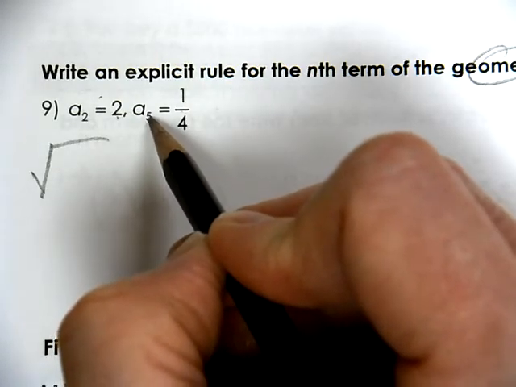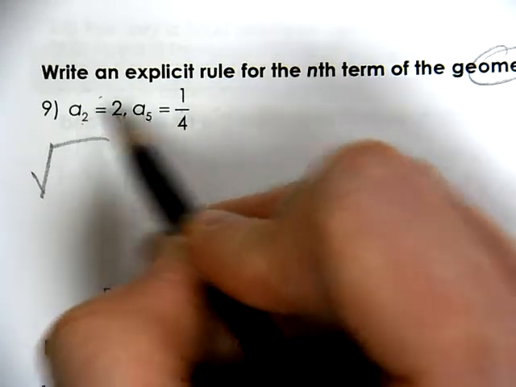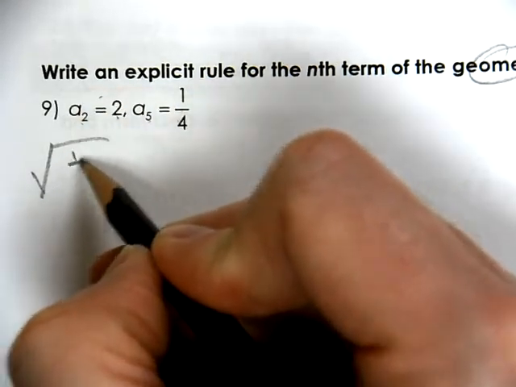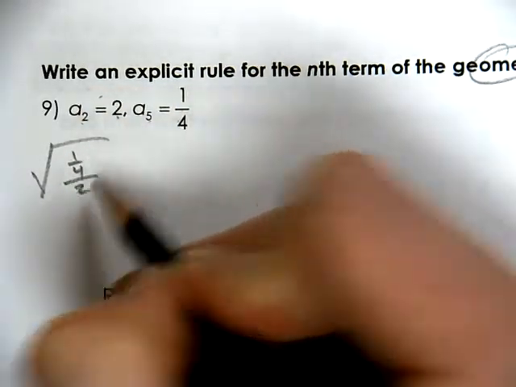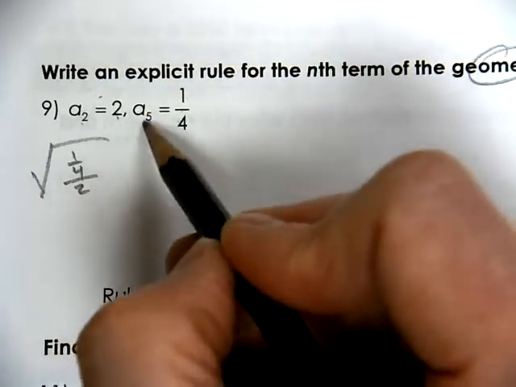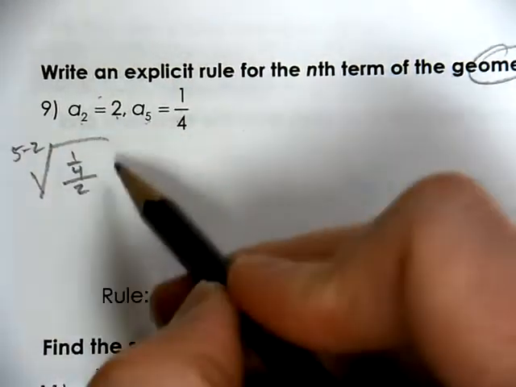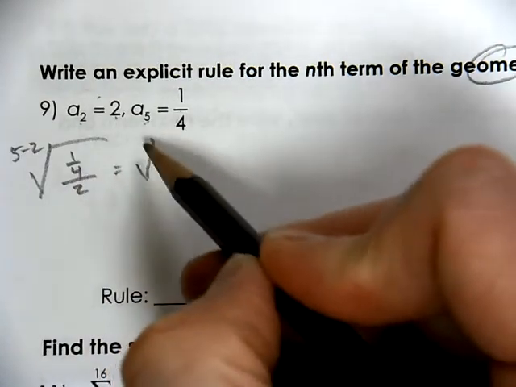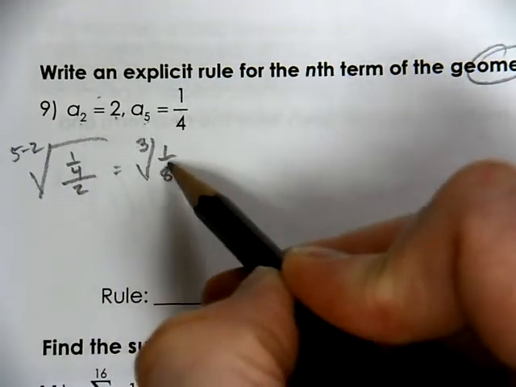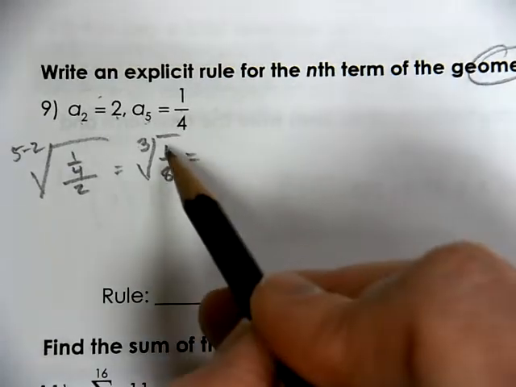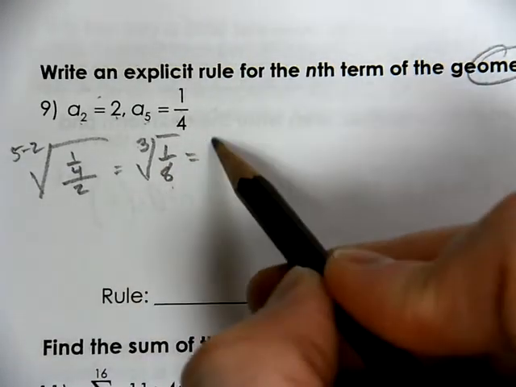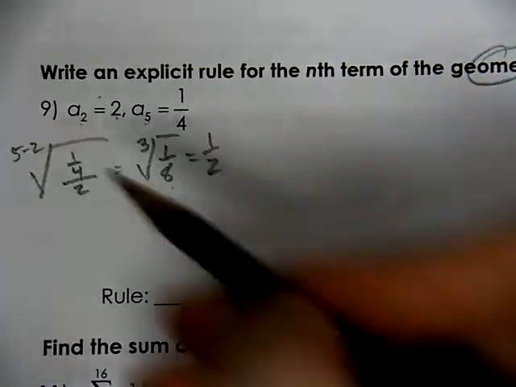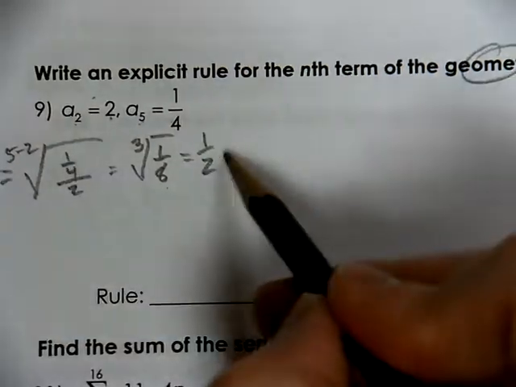Let's see, because this is a larger number than that, let's put this guy on top. 1/4 divided by 2. And this is 5 minus 2. So this is going to become 1/8. This is the cube root of 1/8, which is we take the cube root of the top and the cube root of the bottom, so we get 1/2. That is our r value.